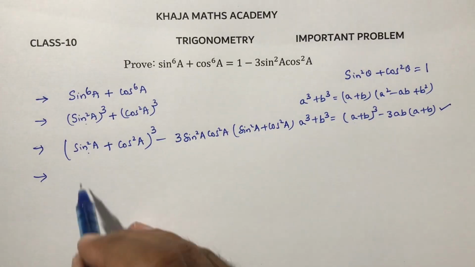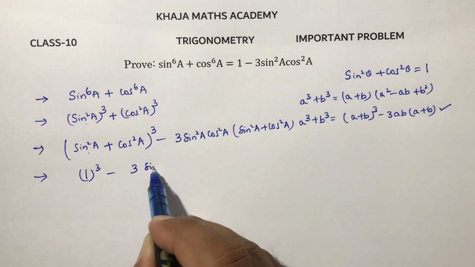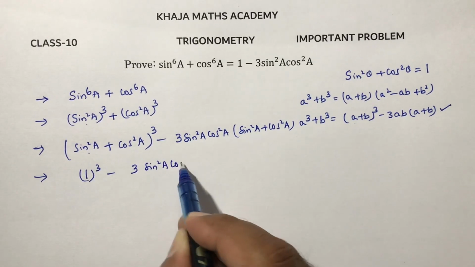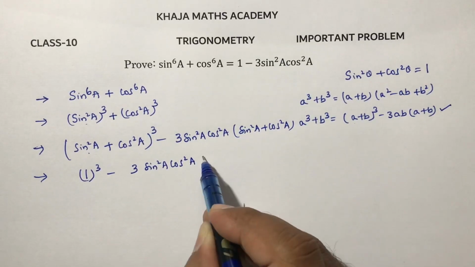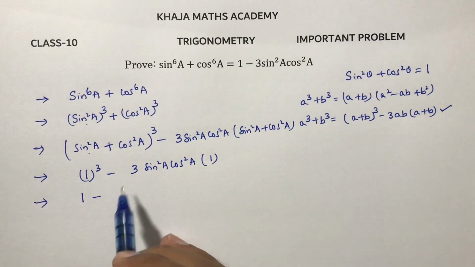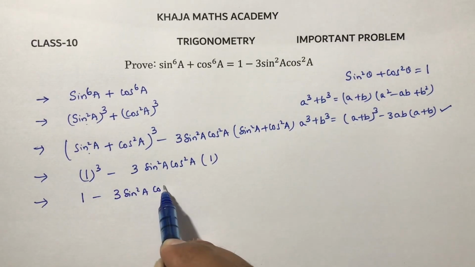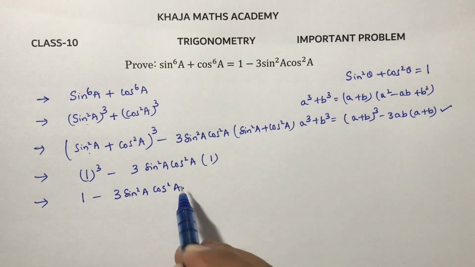Sin square theta plus cos square theta is 1. So 1 cube minus 3 sin square a into cos square a into 1. So 1 cube is 1, and the answer is 1 minus 3 sin square a cos square a.